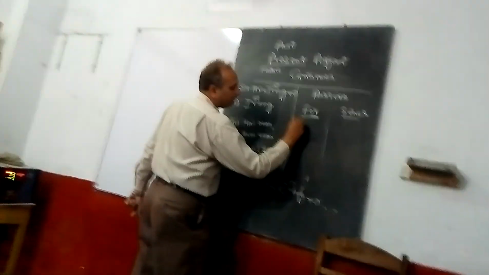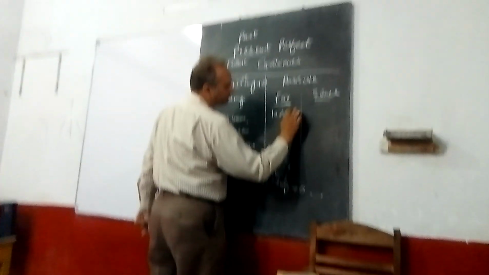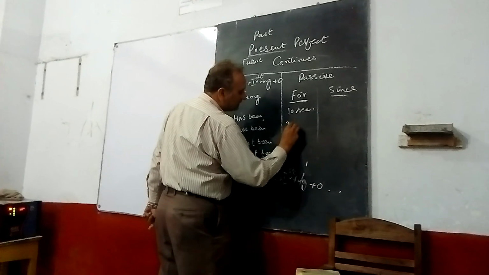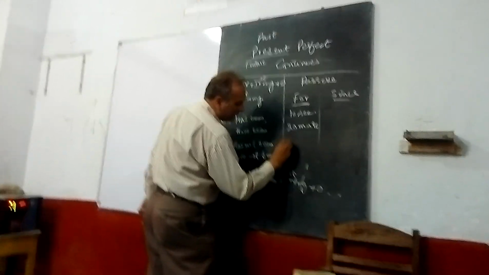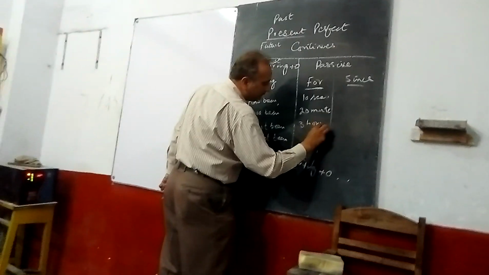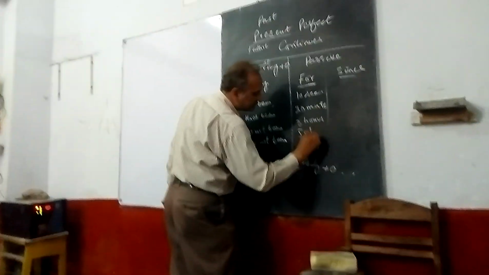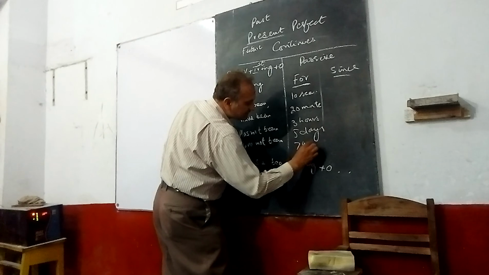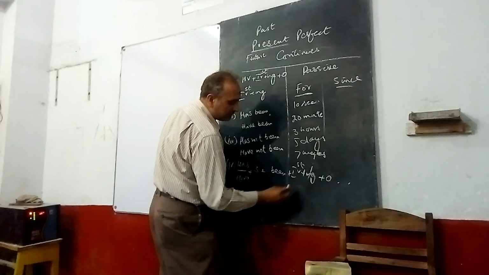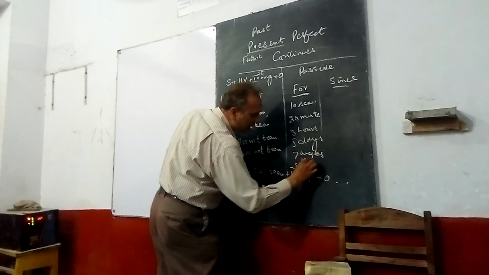Just like for 10 seconds, we calculate. 2 minutes or 20 minutes, again we calculate. Then 3 hours, obviously calculable. Then days, 5 days, calculable. 7 weeks, calculable. After weeks we come to months, 10 months.